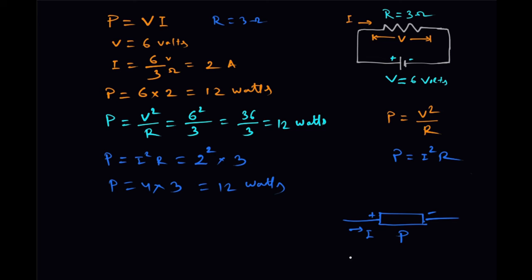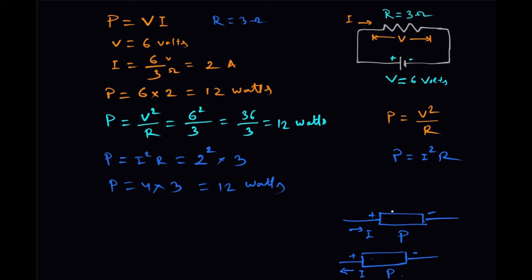And if the element is like this, with this as the positive terminal and this as the negative terminal, and the current direction is opposite to this direction, then the power will be supplied by the element. This element will supply the power, and in the previous case, when the current direction is into the positive terminal, the power is consumed by the element.